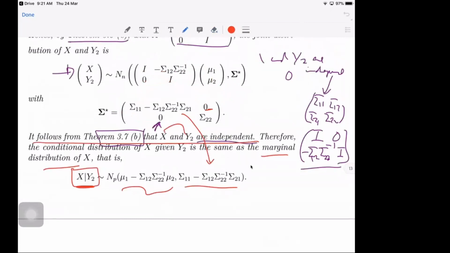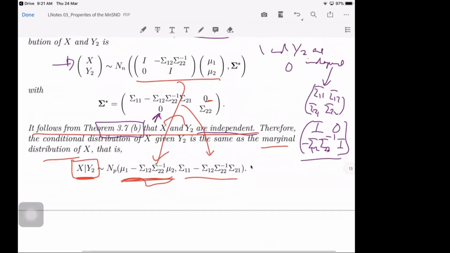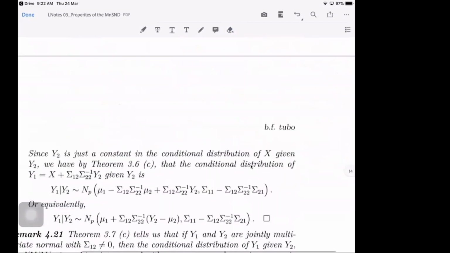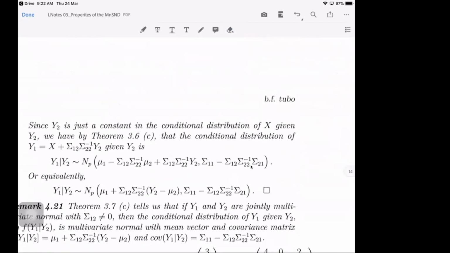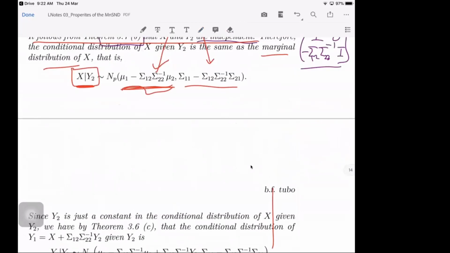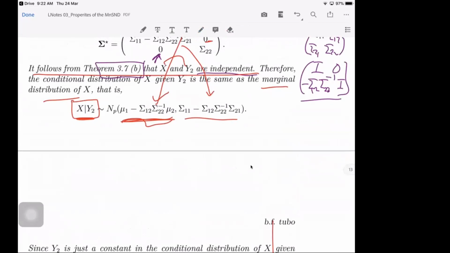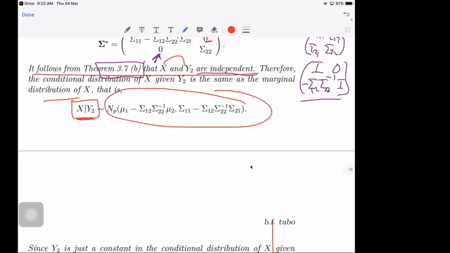So this one, you take it out here. After you multiply that, since y2 is just a constant in the conditional distribution of x, if we look at this, there is no y2 in terms of your conditional distribution.